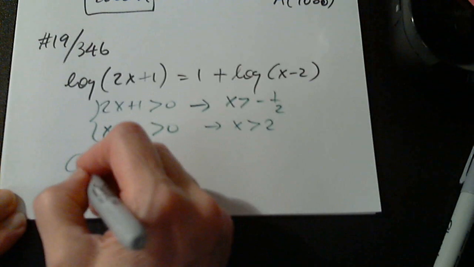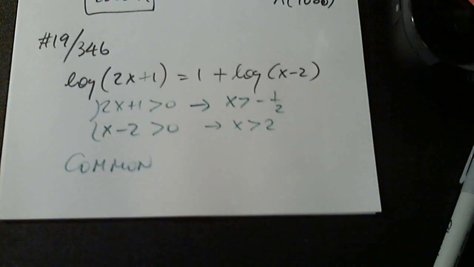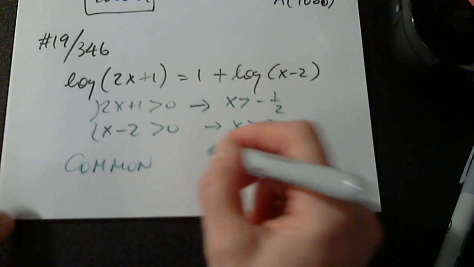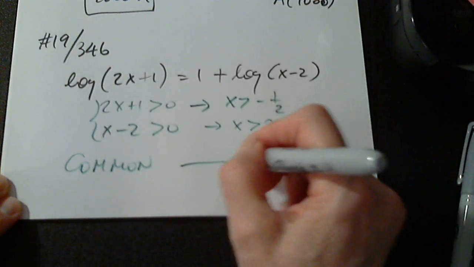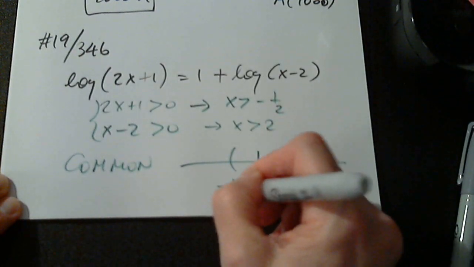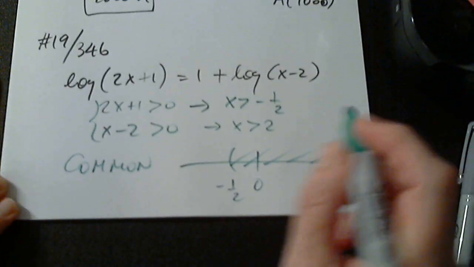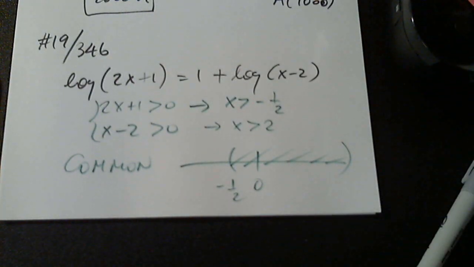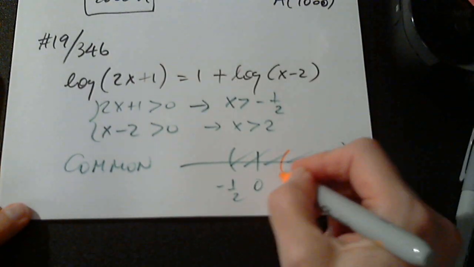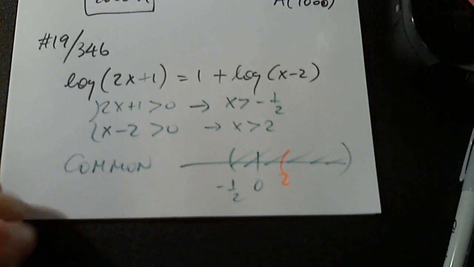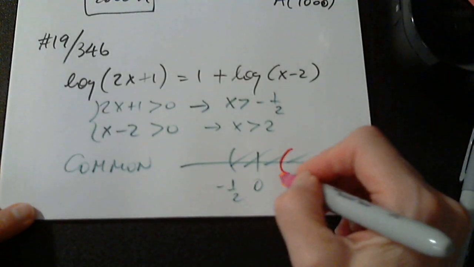But we need the common territory. So we have x greater than negative 1/2, and we have x greater than 2. What do I pick?